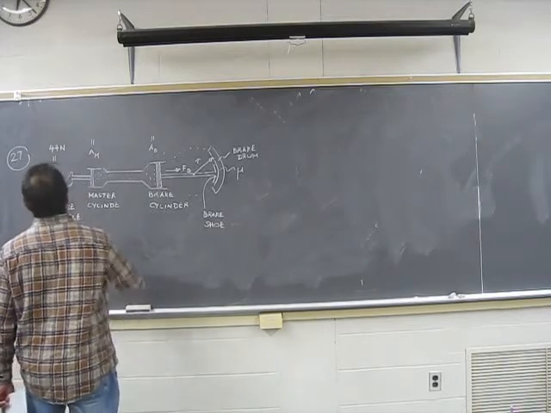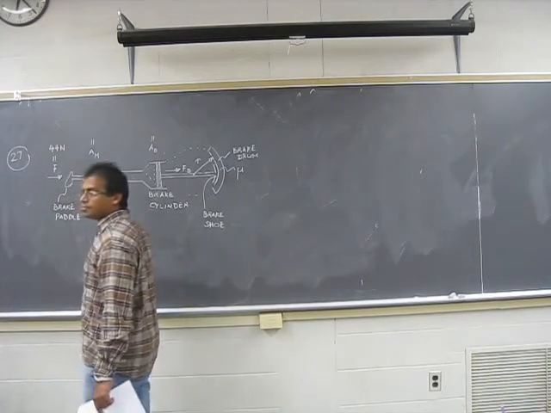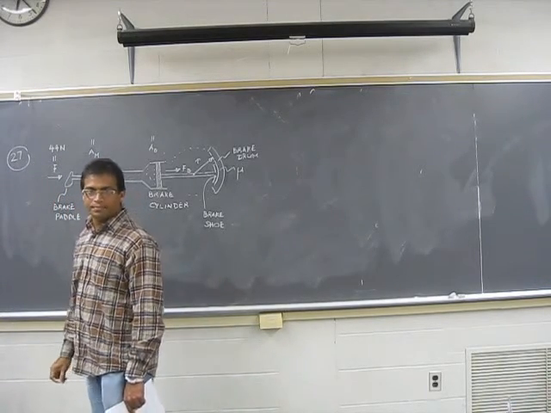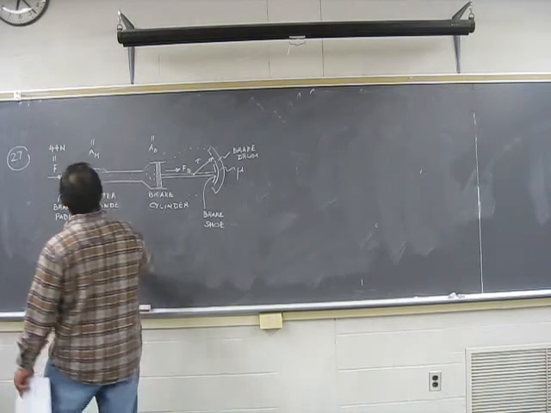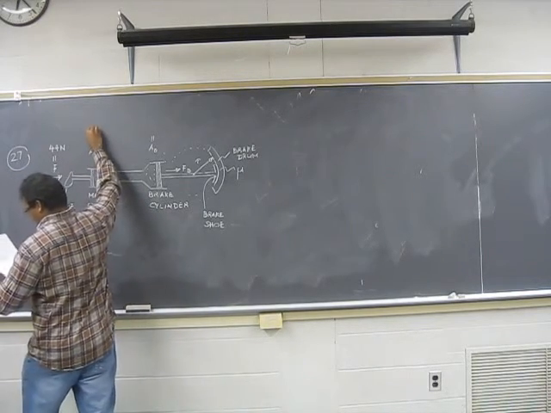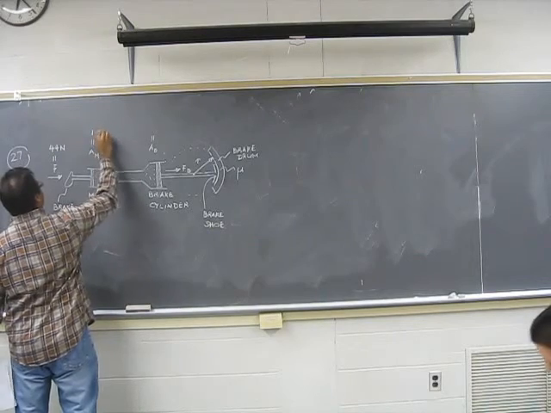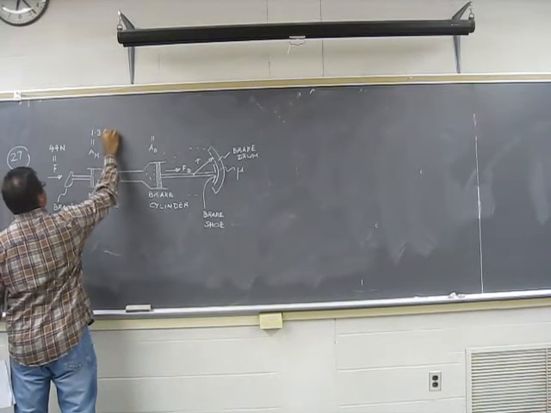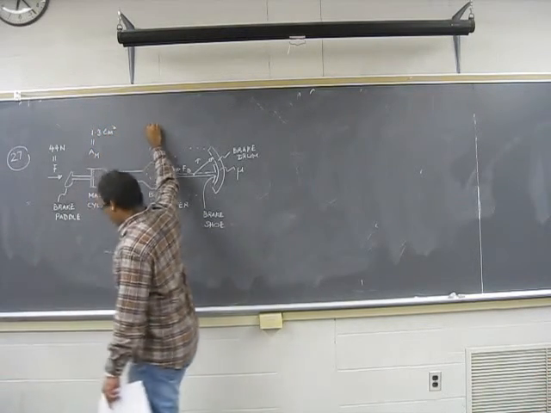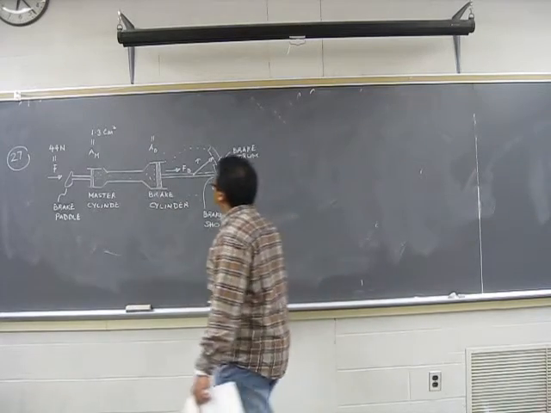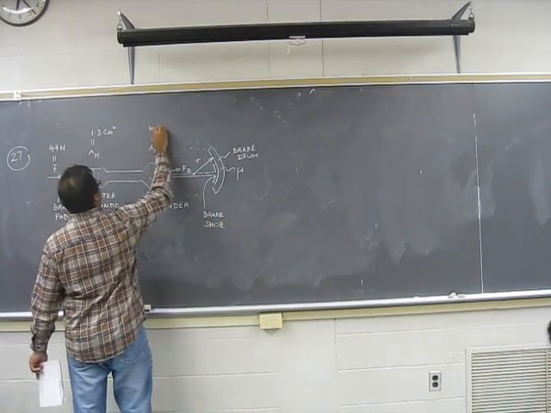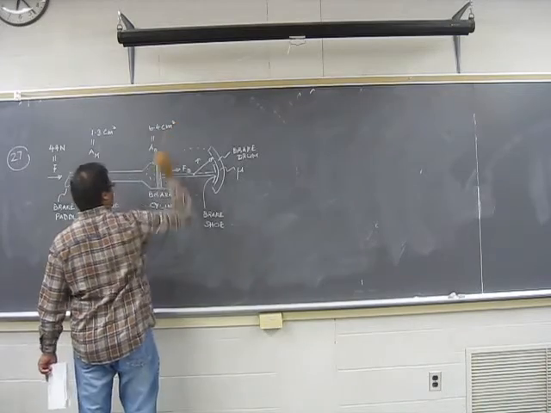And what is the area right here for the master cylinder? 1.8. And the units are? Centimeters square. Okay, what is the units over here? 6.4, and of course the same units.